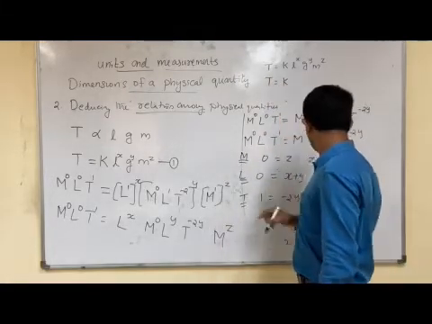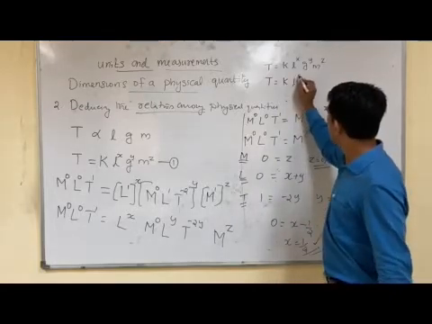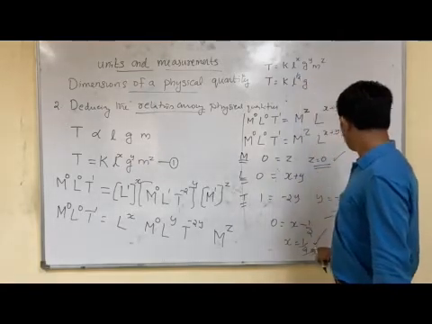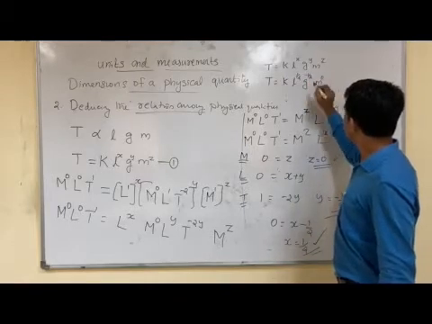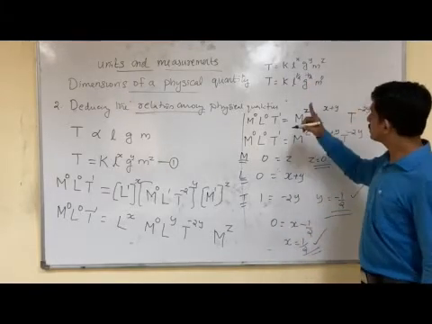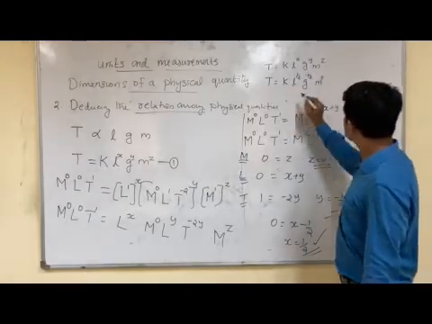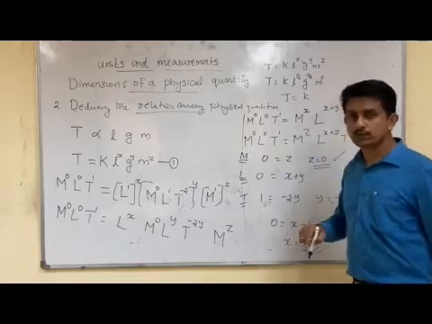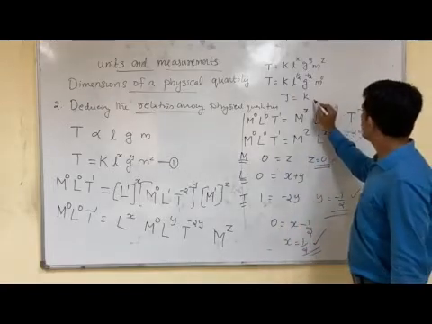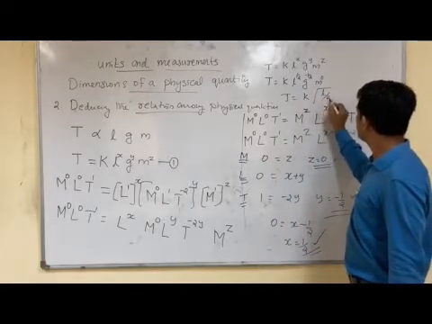So K into L raised to x, the x value we know, L raised to half. G, the y value we know, raised to minus 1 by 2. And m raised to z. Any number raised to 0 is 1, so that term will go. So the equation becomes T is equal to K into any number raised to 1 by 2 means under root. That means it should be K into L by g is coming.